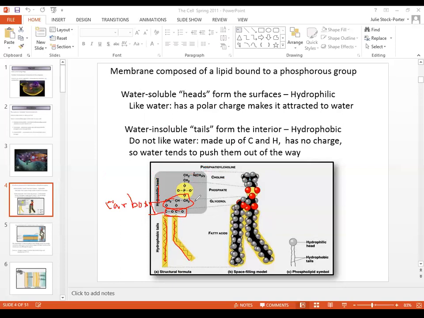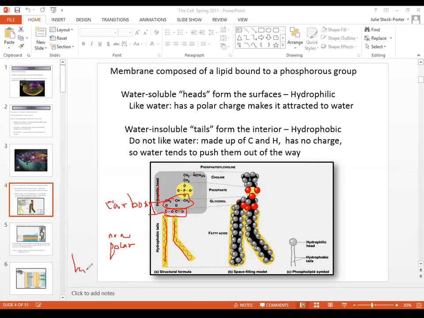Now we know that these hydrocarbon chains are non-polar. I'm not good at this pencil thing, but yeah, they're non-polar. And we also know that if it's non-polar, what's the relationship with water?